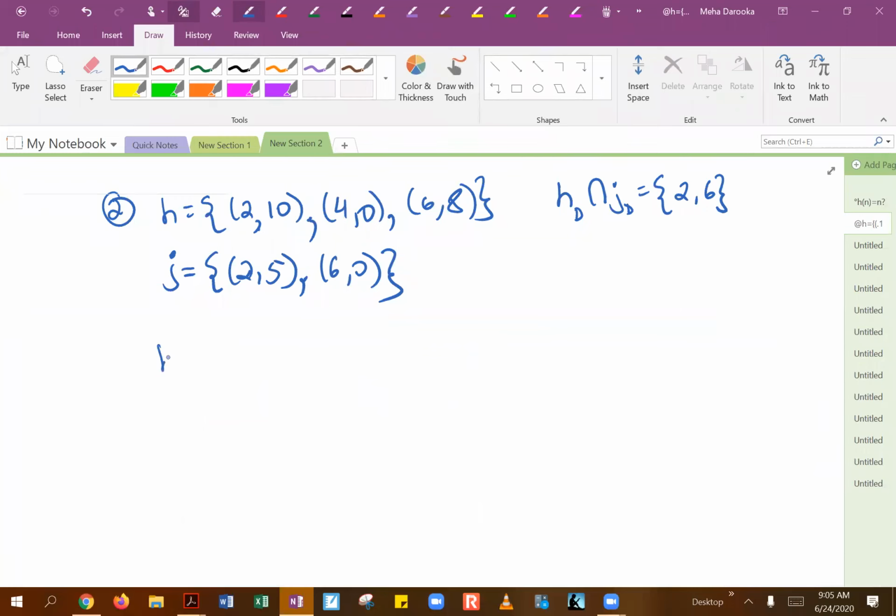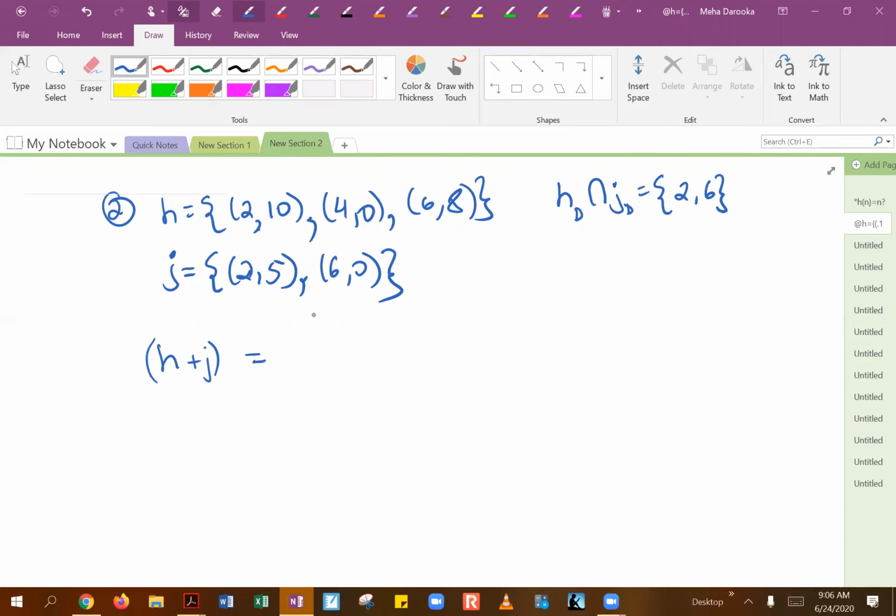So the first one, they're asking us to find h plus j. Now this is the interesting part, because when they're saying find h plus j, that means you have to go through each individual ordered pair to come up with this. So to find the h plus j, since our intersection has 2 and 6, those are the two values we would be using to find this h plus j function.